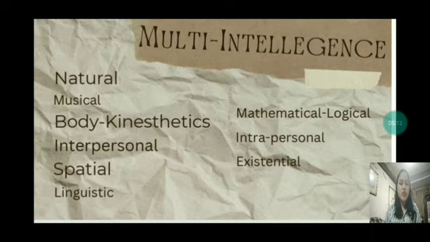Those multiple intelligences could be naturalist, musical, bodily kinesthetic, interpersonal, spatial, linguistic, logical-mathematical, and intrapersonal intelligence. Maybe the learner belongs to existential intelligence.